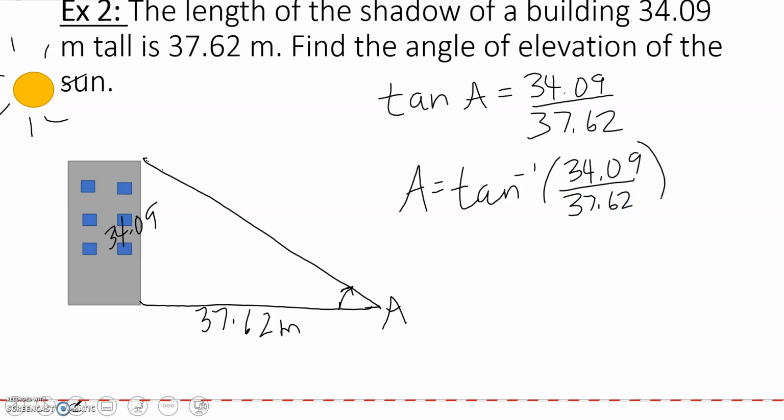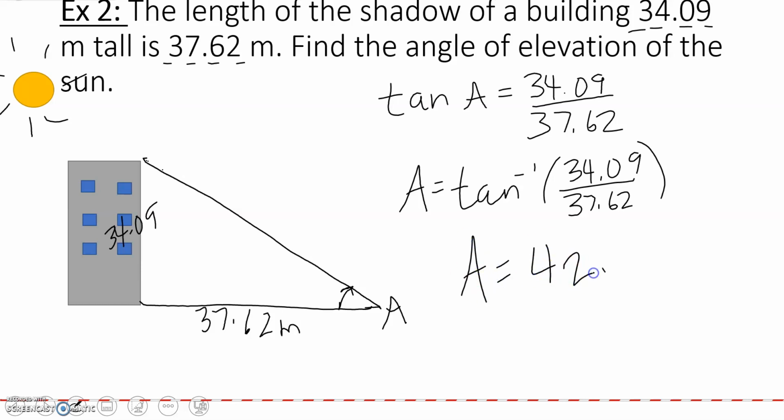Also notice that our measurements are given with 4 significant digits, so whenever we find our answer, we will give it in 4 significant digits. Plug this into your calculator, inverse tangent of 34.09 divided by 37.62. I'm plugging it in right now just to make sure I get the same thing I got before.